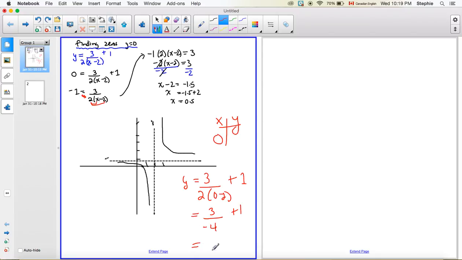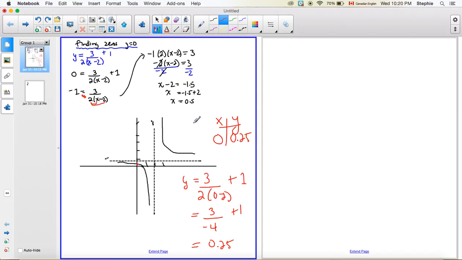That's negative 0.75 plus 1, that's 0.25. So at 0, it's 0.25. It's probably around there. So this is how you plug in points. You just literally plug them into the x or the y position and solve. Okay, so that's basically how to find the zeros.